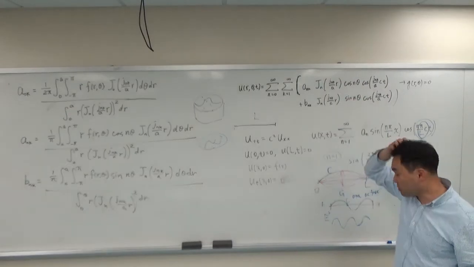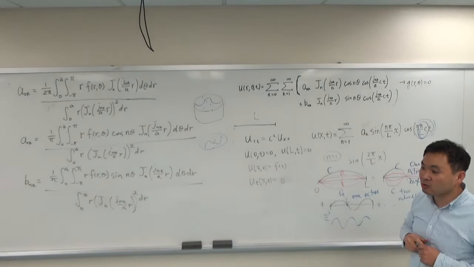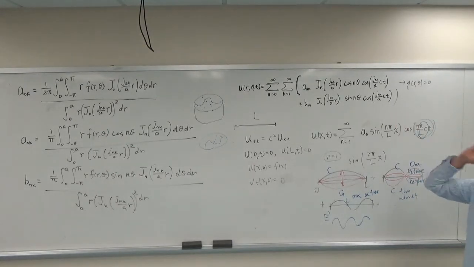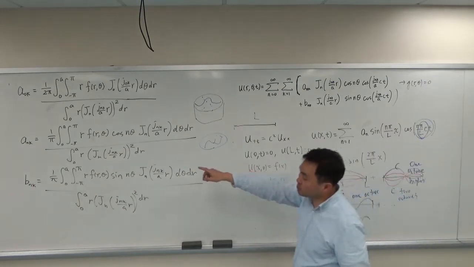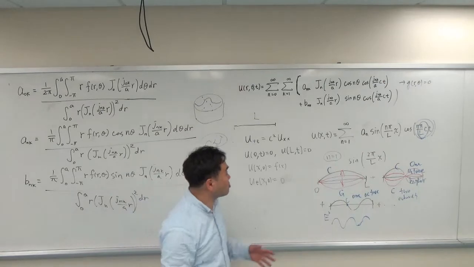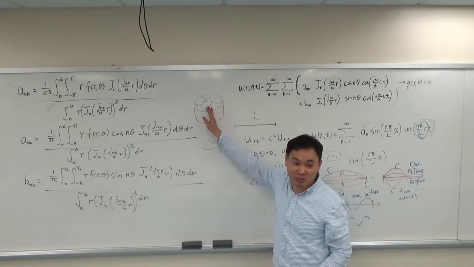Okay, so what I'm trying to explain to you is that even though we don't like the fact that we couldn't find the actual A and K or B and K for a specific problem, we still like this result because it tells us the structure of the sound.